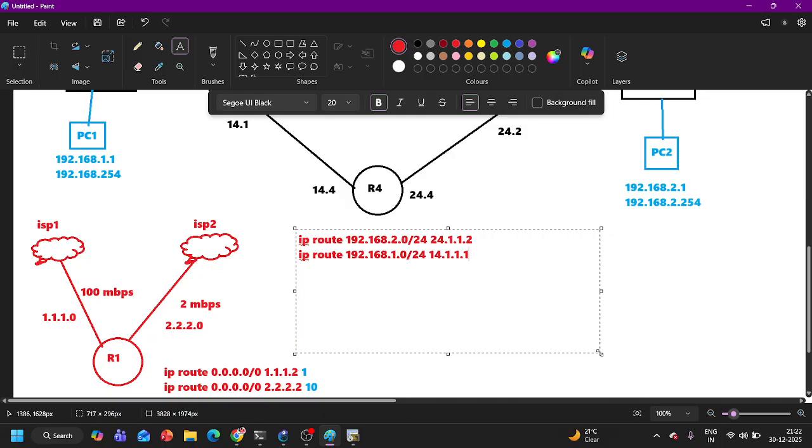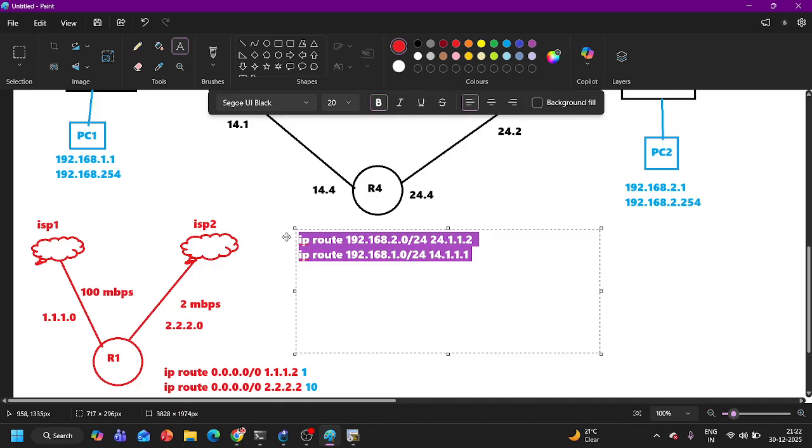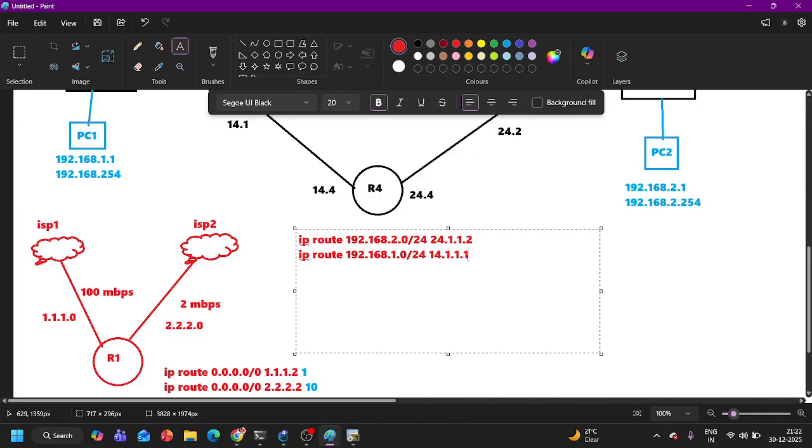It will perform load balancing, sir. It will install both. No, sir, it will not load balance. We only have one entry for each prefix, because the networks are different.